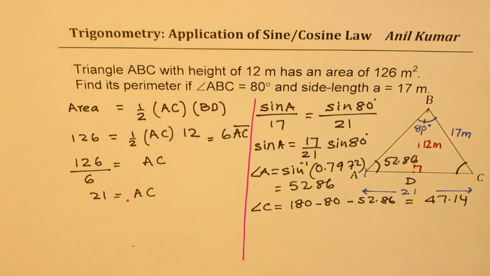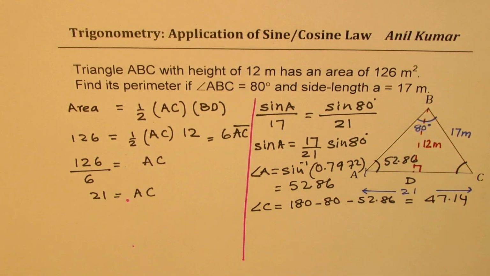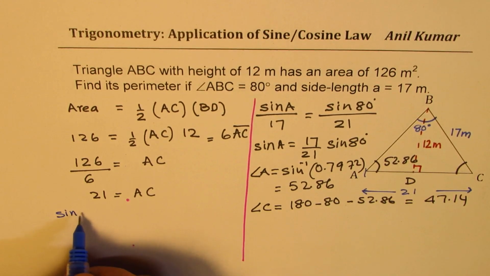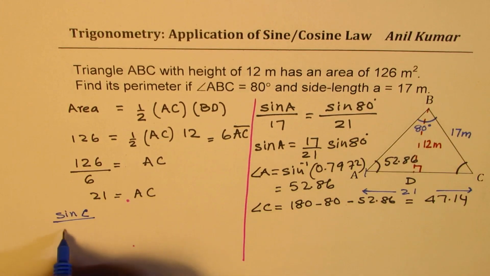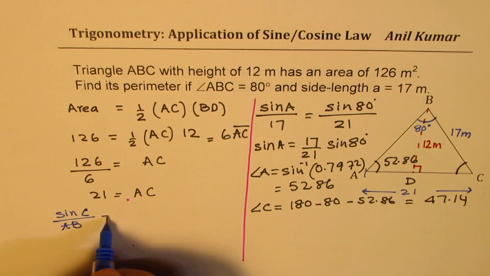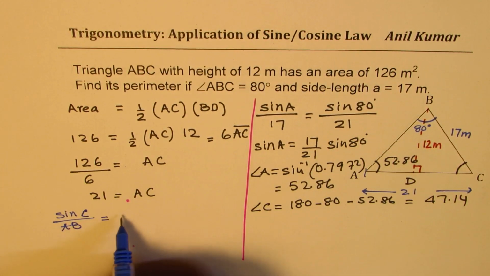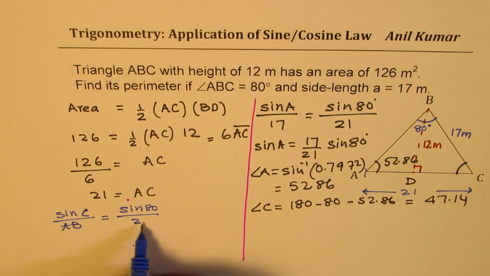Since you know angle C, you can find the side C now, right? So let's use sine law once again to find C. So we know now sine C over AB is equal to sine of 80 degrees over 21, right?